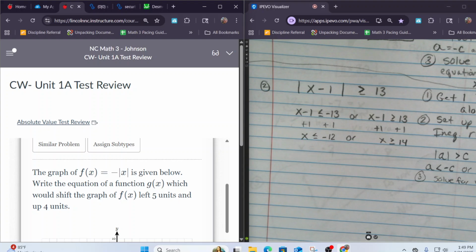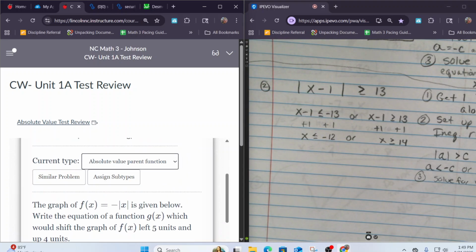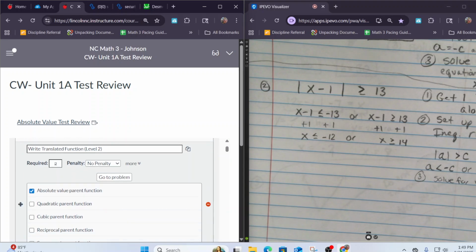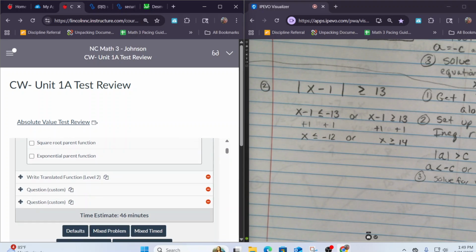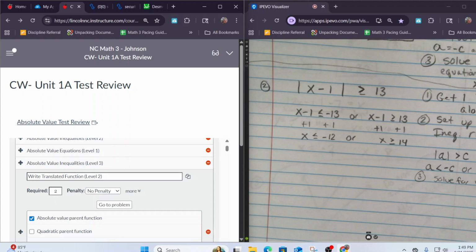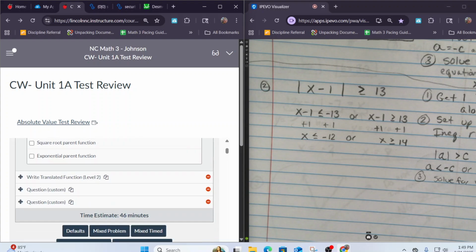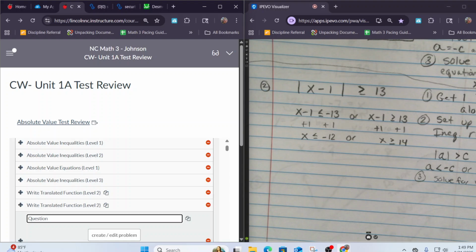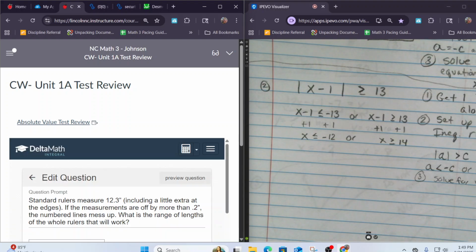That was pretty simple because most people didn't struggle with that. If you do have a problem with it, just let me know and I can show you. All right, but those I'm not going to take your time doing because we just did them yesterday. The rest of those can be done with Desmos. All right, this is the same question that you guys have.